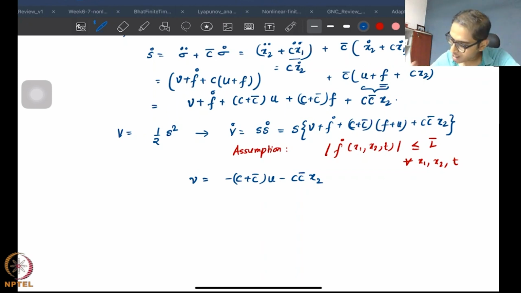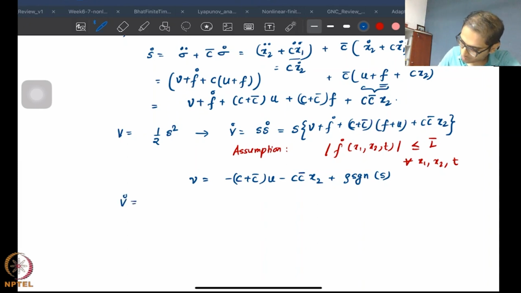We now take something like a plus rho signum s. This is not very different from before. We are doing something rather similar here. And what does this leave us?